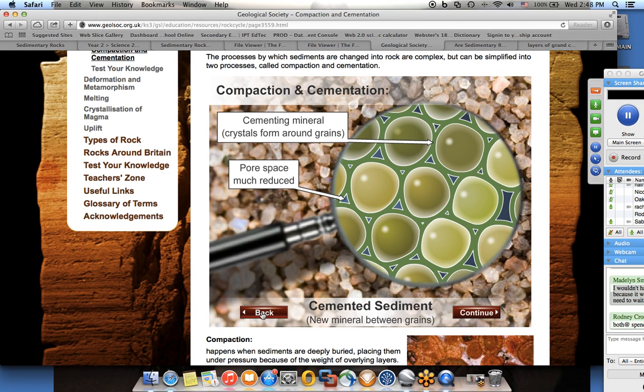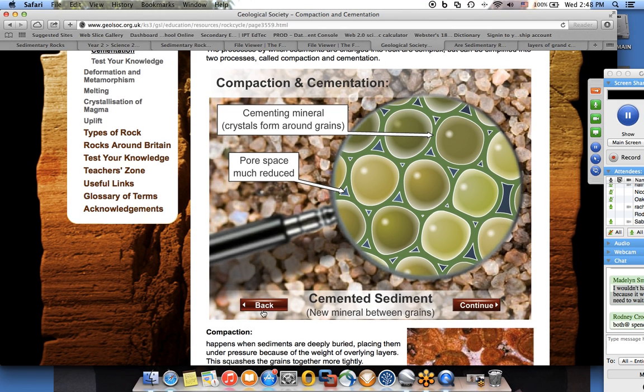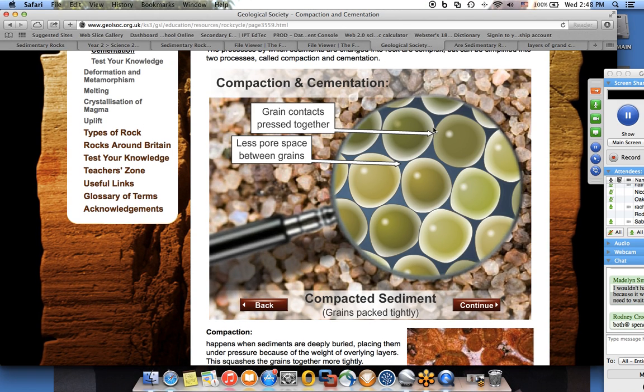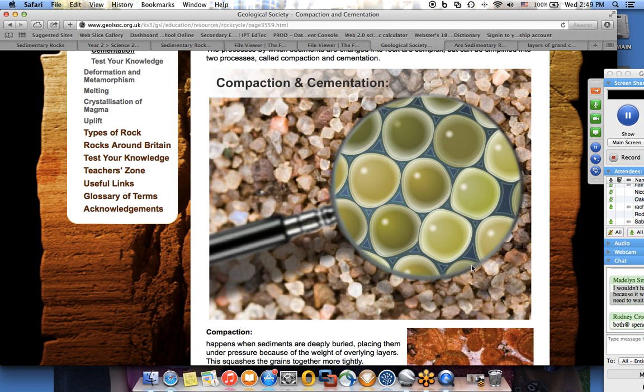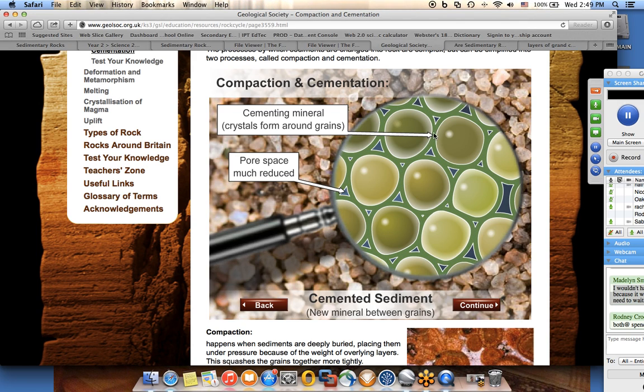Okay. One critique that I would have of this animation is that here you have the particles touching each other, okay? I guess that the reason why they don't seem to be touching together is because the minerals recrystallize and reform around it.